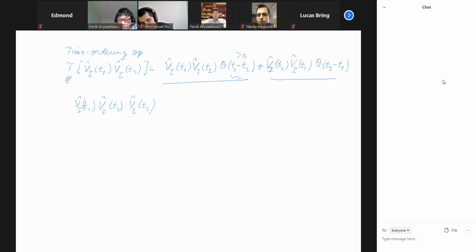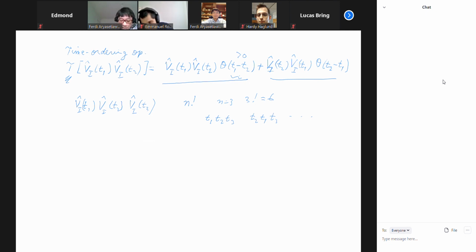In general there will be n factorial ways of permuting the ordering of the times. When n equals 3, there will be 3 factorial, so that's 6 ways of ordering t1, t2, t3. We can have t1, t2, t3, then t2, t1, t3, and so on. So we do the permutations, and there are n factorial in general.